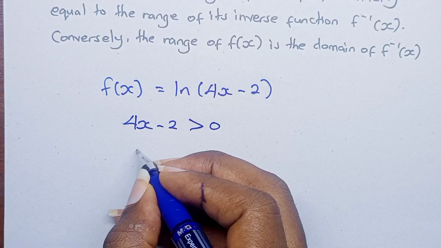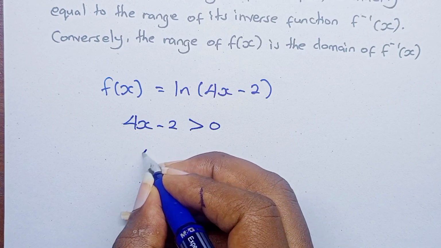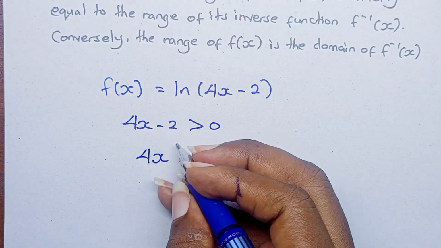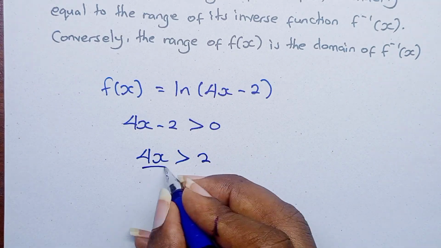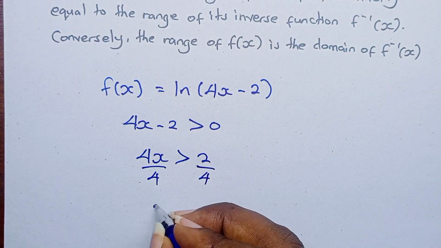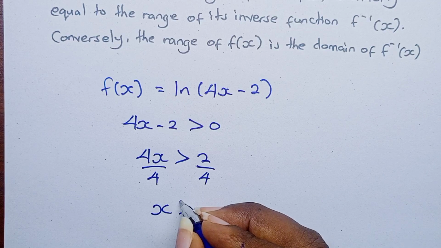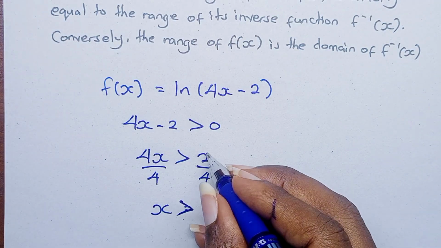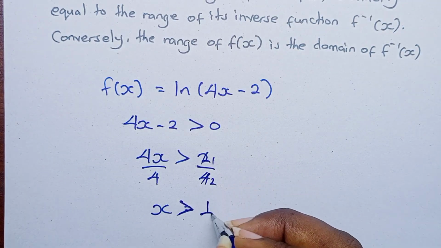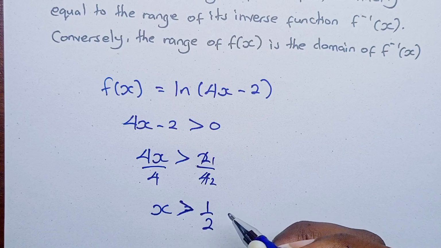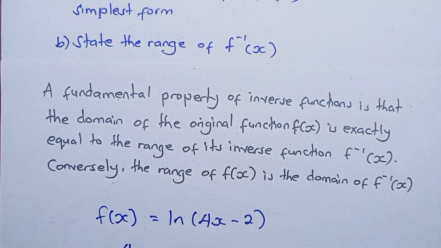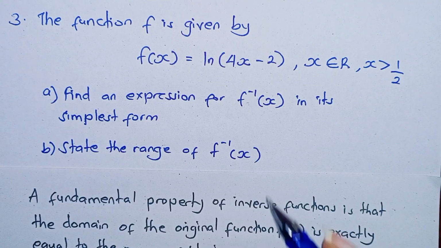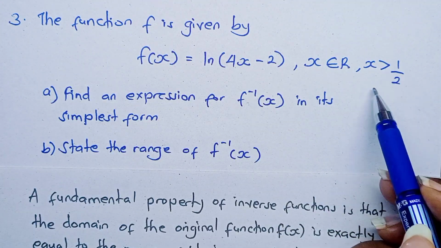So here we're going to solve for x. Here we shall have 4x, when you take that to this side, it becomes greater than 2. So divide both sides by 4, and x will be greater than a half. So this is the domain of the original function, and clearly the question states that x is greater than a half.